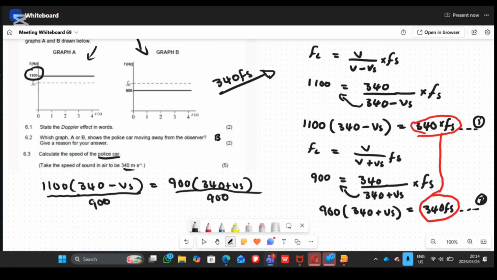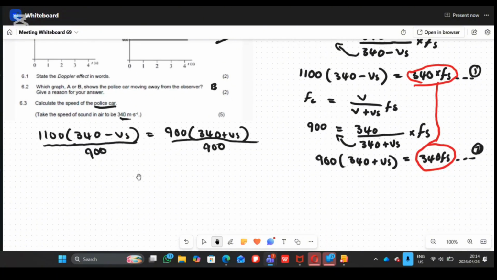To make your calculations simple, what is 1100 divided by 900? It's 1,22.